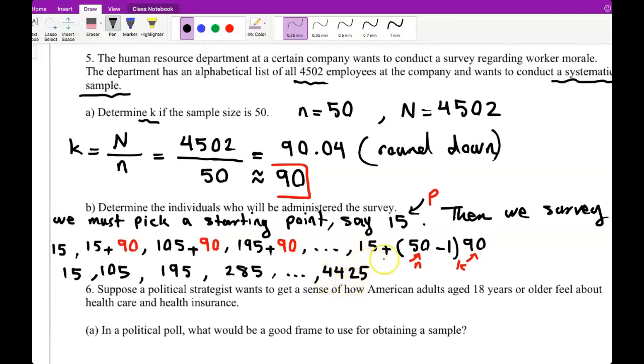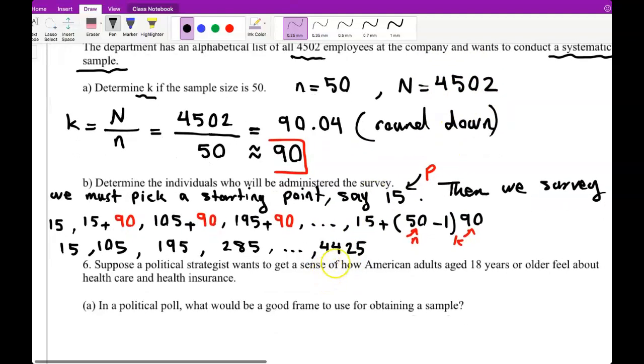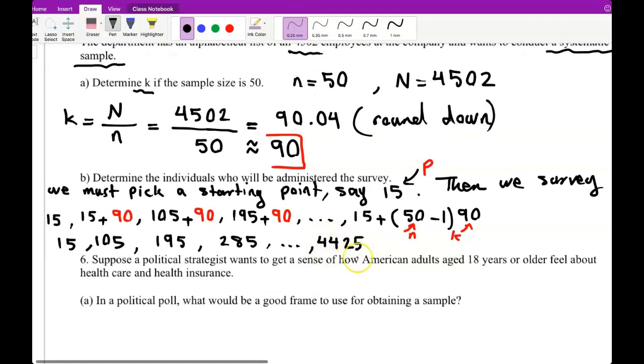See, this number should be less than what we have here for population size. This is 4,502, and the final number that we got for our sample is 4,425. If this one was larger than this number, that means that you made a mistake here, and that is not correct.